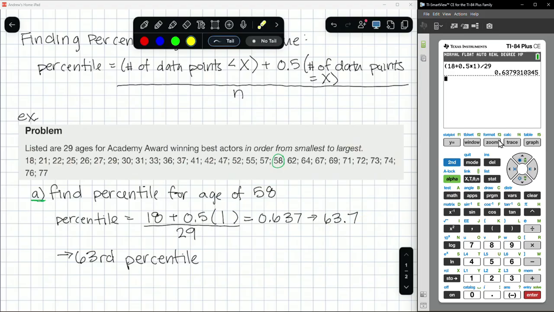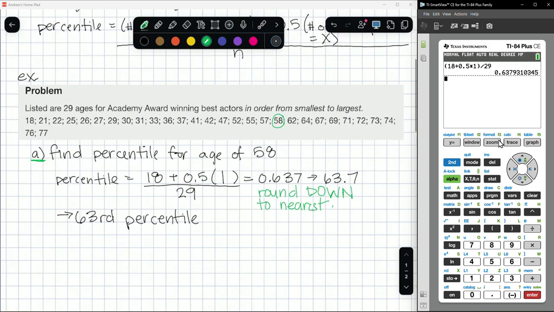I should round them down, because I am 100% certain that 63% of the data is less than or equal to 58. I don't know that 64% of the data is less than or equal to 58. So my suggestion for good practice is round down to the nearest integer, whatever the book says.